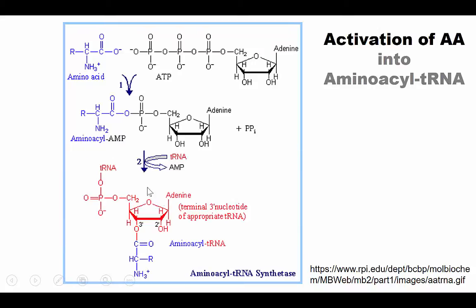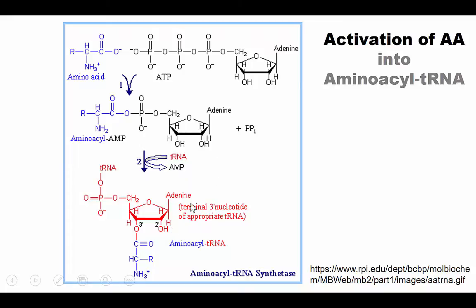Now here, this is tRNA. The tRNA's adenine group, we just found out that the 3' position hydroxyl group, right? So this hydroxyl group attacks this position, releasing the whole AMP. And then this amino acid group is loaded on tRNA. Do you see that?